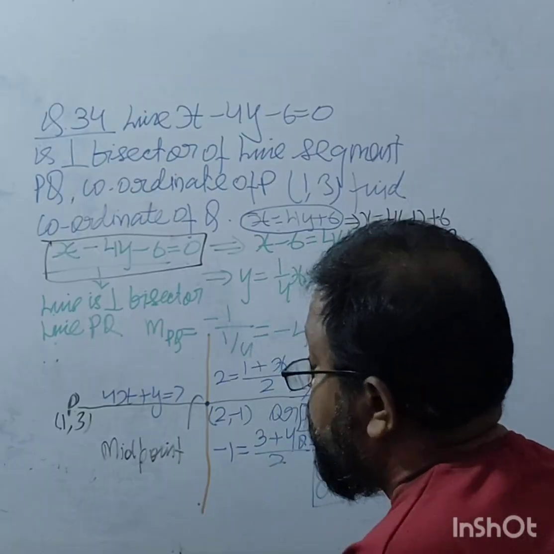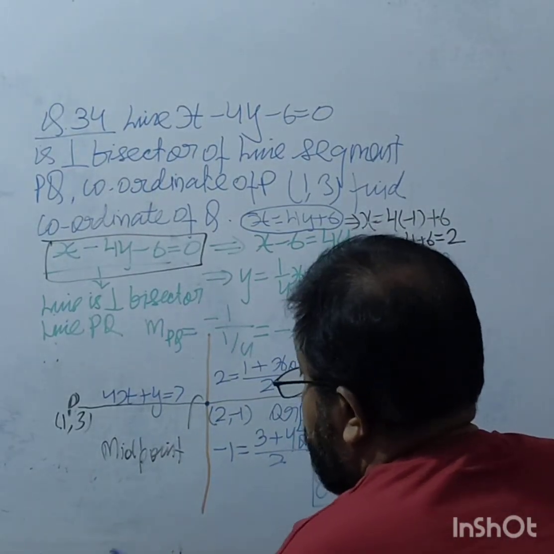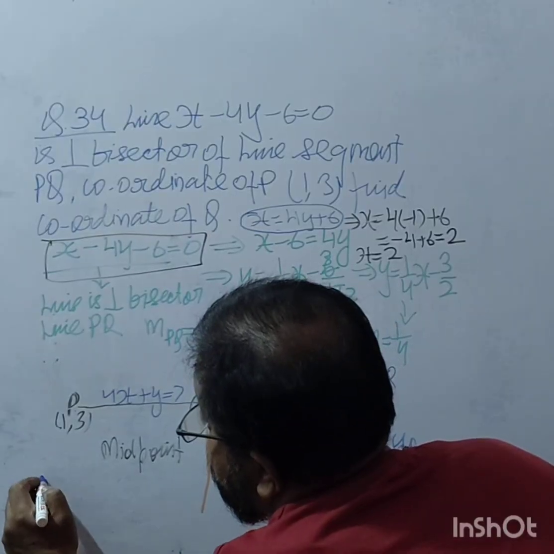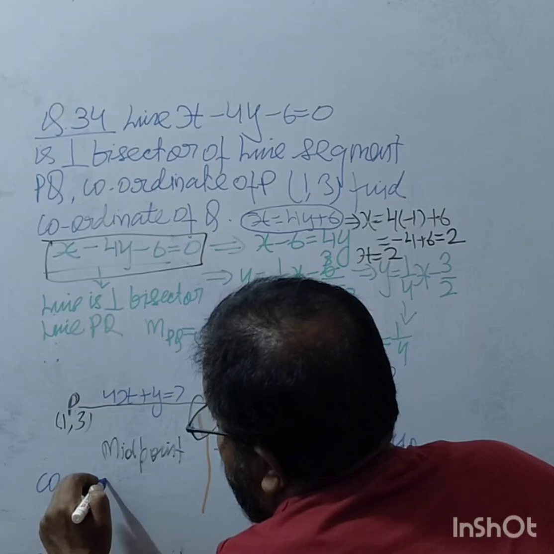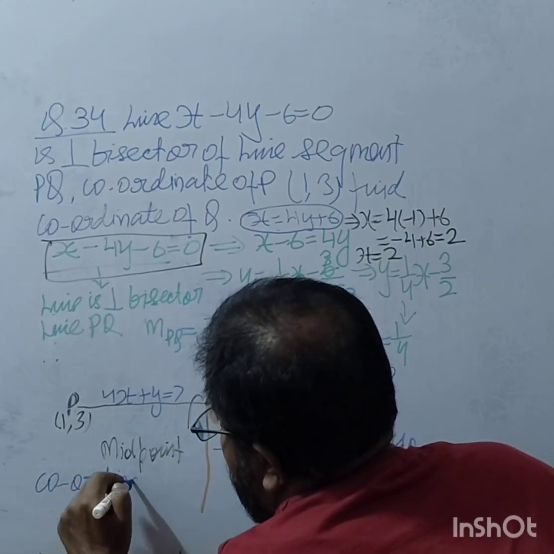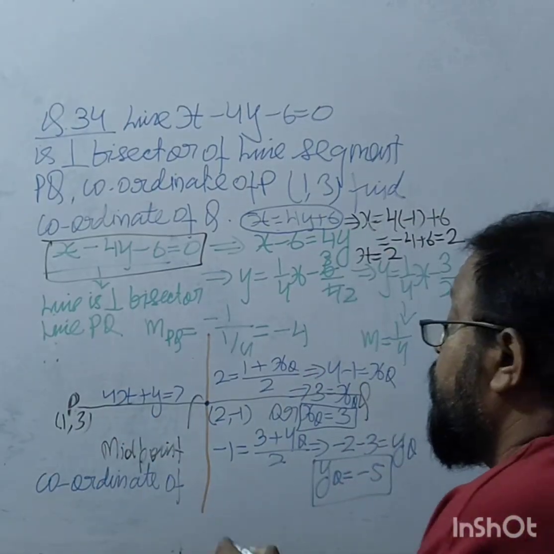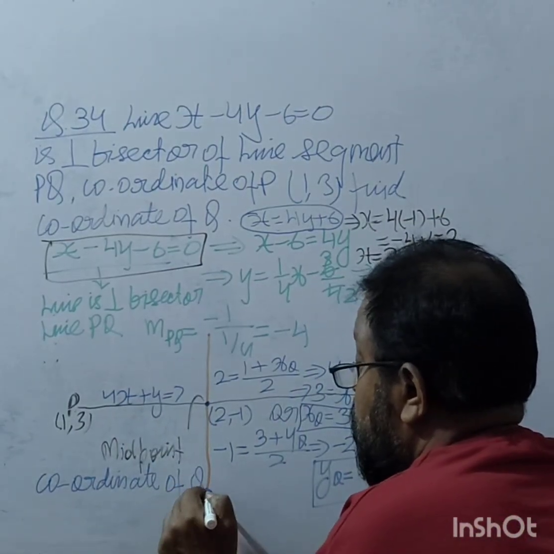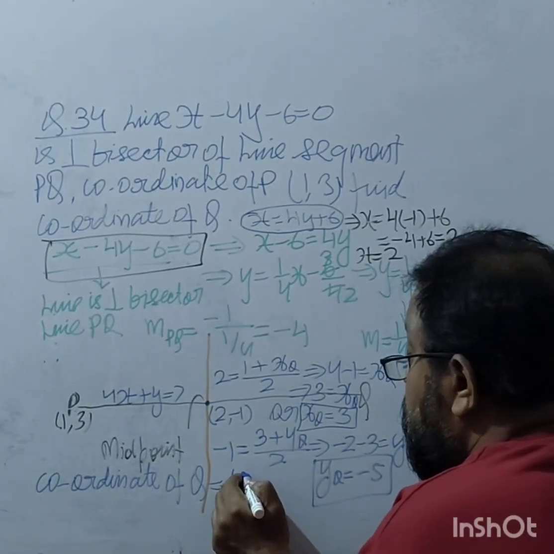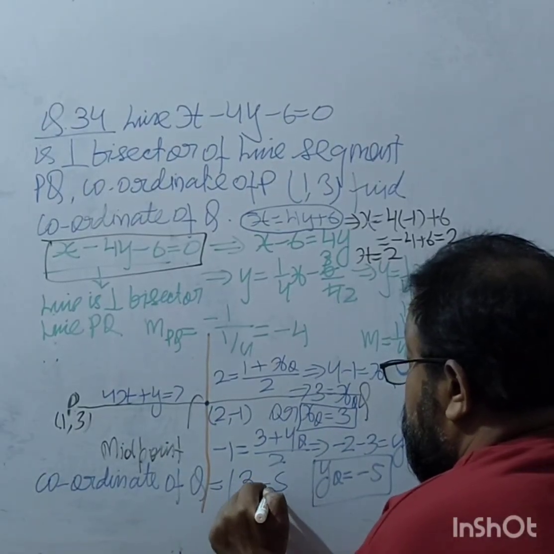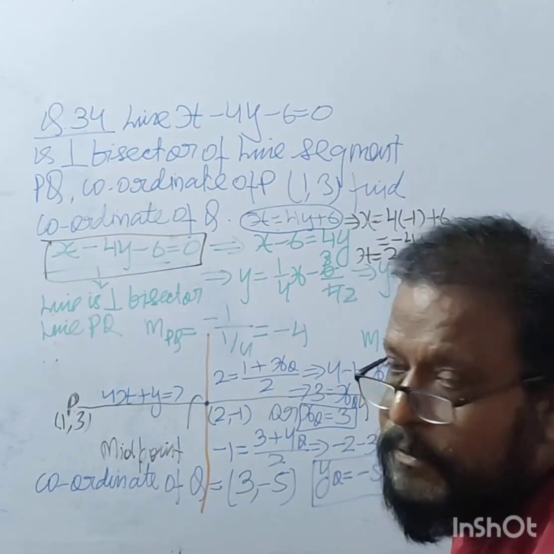So the coordinate of Q is 3, minus 5. What is your answer?